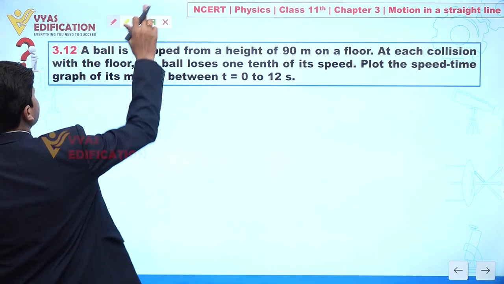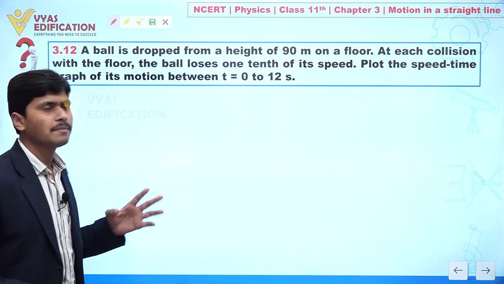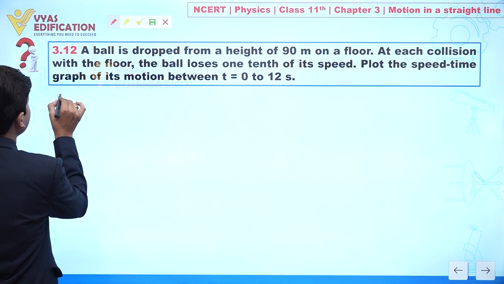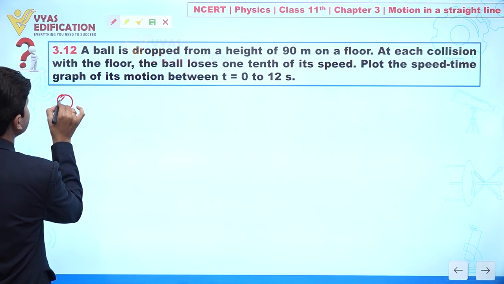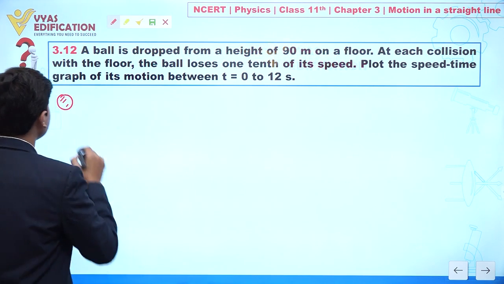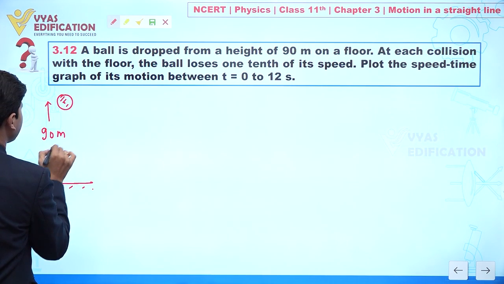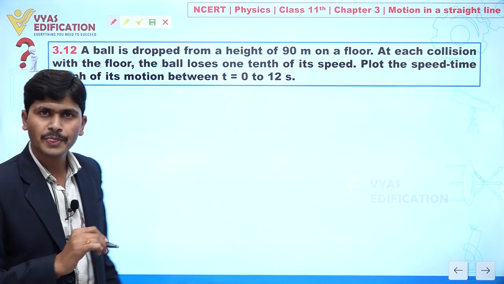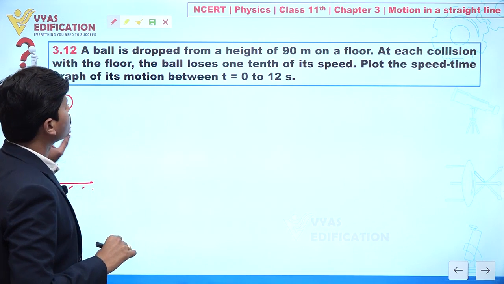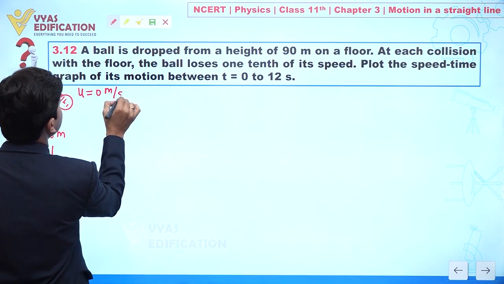So if we consider the given situation, a ball is dropped from a height of 90 meter. Let's suppose this is a ball, and here we have a floor. Initially this ball is at a height of 90 meter, which is given in the question. Clear? And it is dropped, which means the initial velocity is 0.